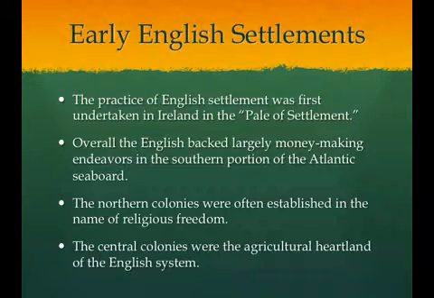The practice of English settlement was actually developed, of all places, in Ireland. The British had colonized before. Their colonies were done in Ireland, in and around Londonderry, Dublin, parts of Cork, Belfast in the north, in what they called the Pale of Settlement.